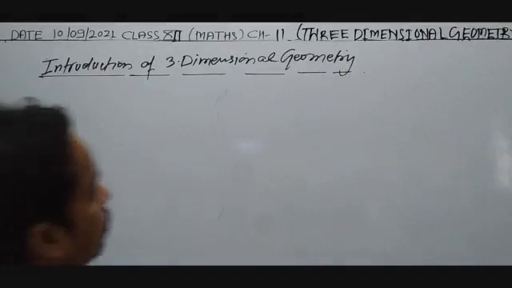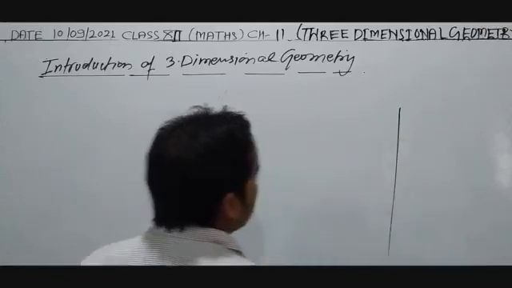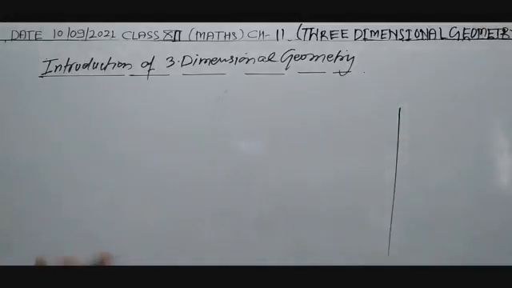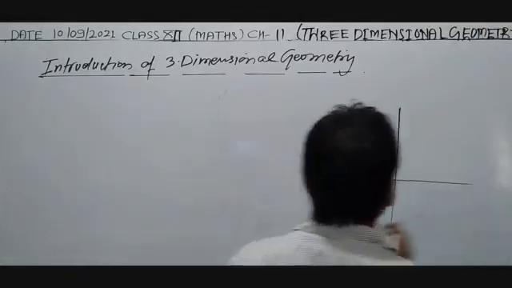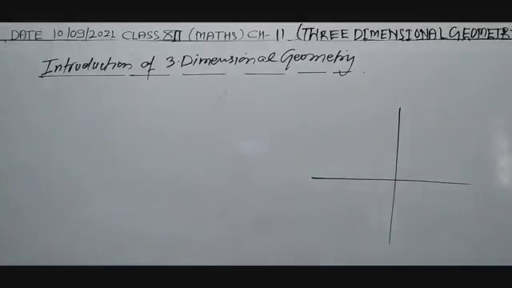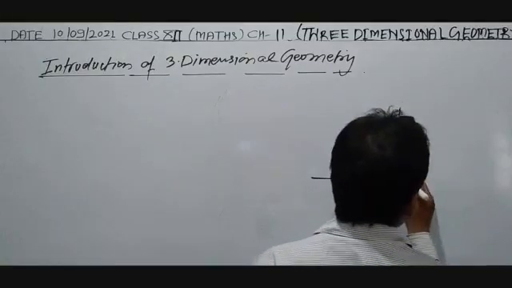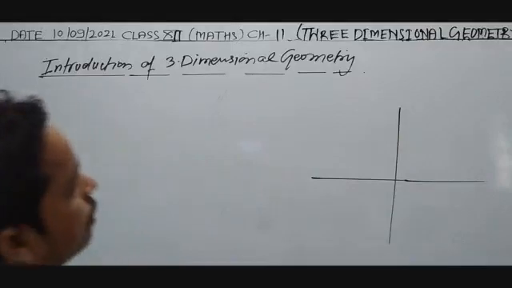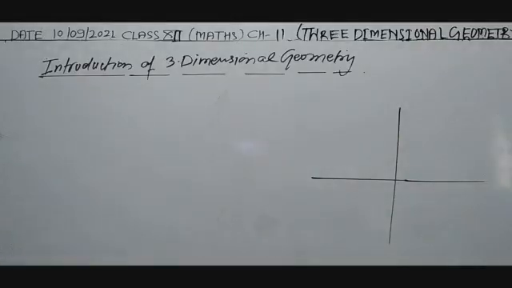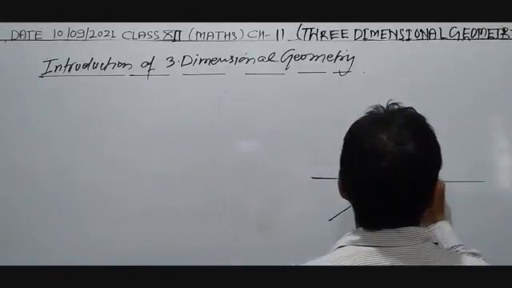Class, you know, a single line divides the plane into two parts, and two lines mutually perpendicular divide the plane into four parts, and three lines mutually perpendicular divide the space into 8 parts.